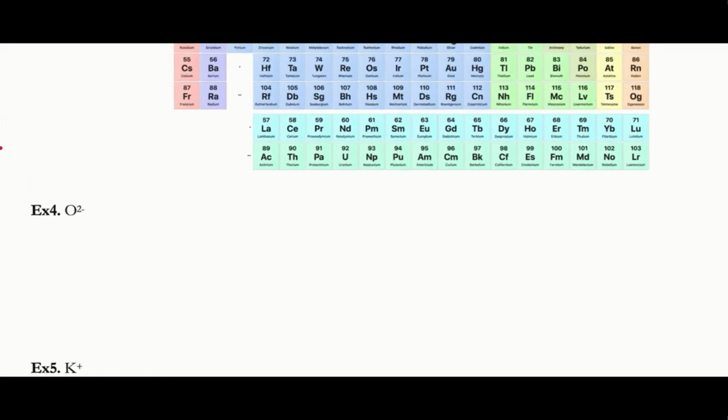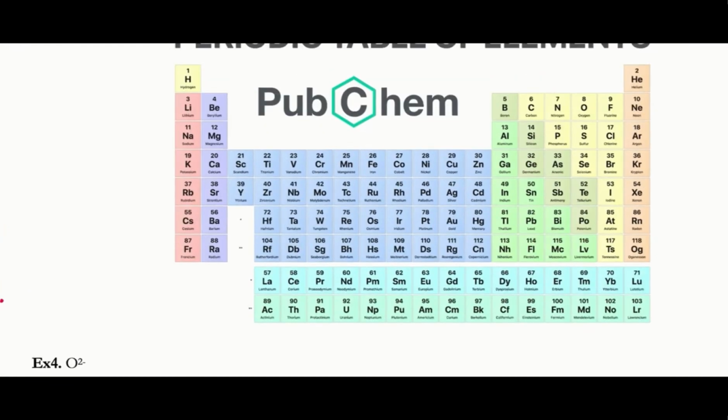So if I look at oxygen on the periodic table, its electron configuration is going to be 1s2, 2s2, 2p4. Now I have a 2- charge in this problem. And so what that tells me is that I'm going to add an additional 2 electrons to oxygen, okay?